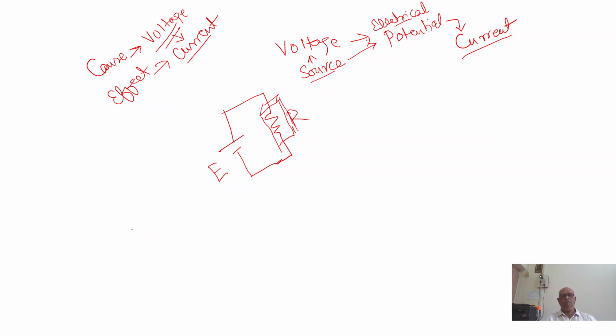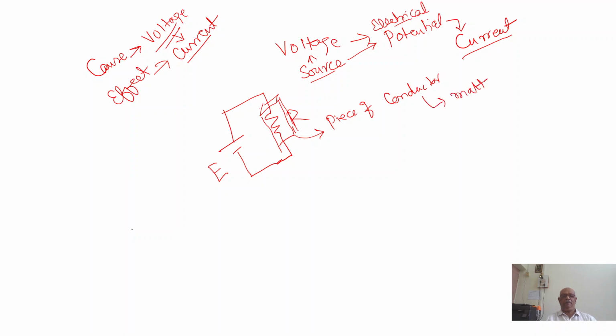So when we have got a circuit, it amounts to saying that we have got a capability to generate an electric field across this resistance, which is basically a piece of conductor, or a conductor is basically a material which can conduct.